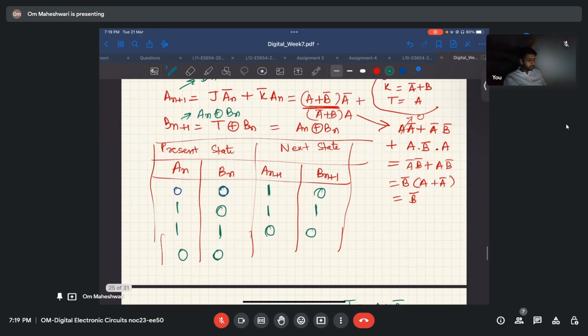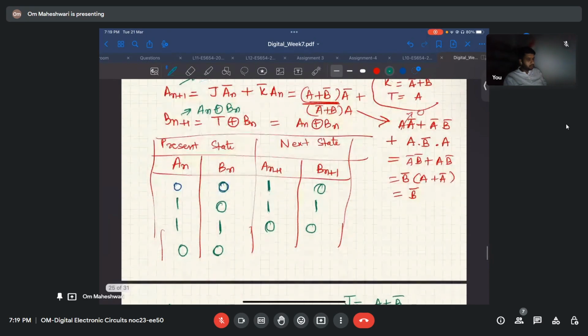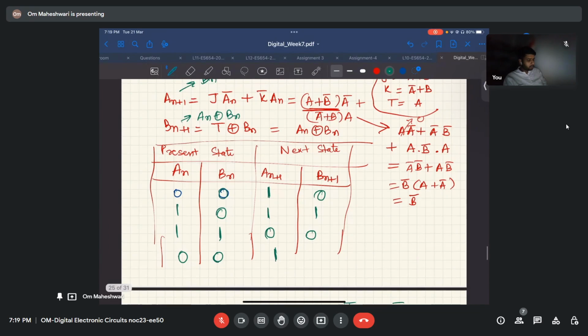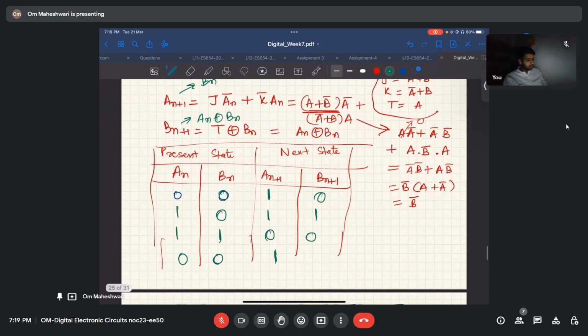So when it is 0 0, again an plus 1 is Bn bar. So Bn bar is what? 1, and Bn plus 1 is XOR of these two is 0. Okay.